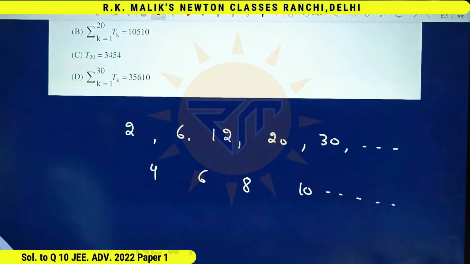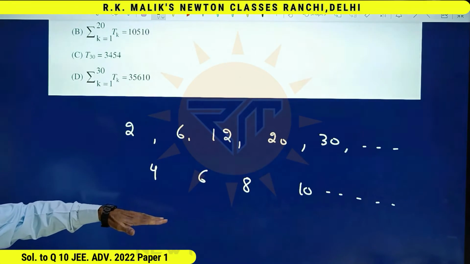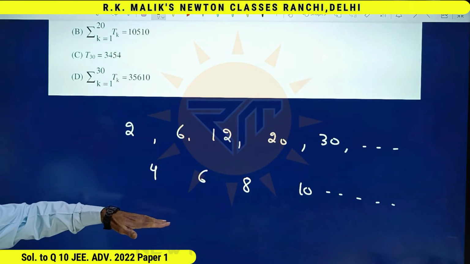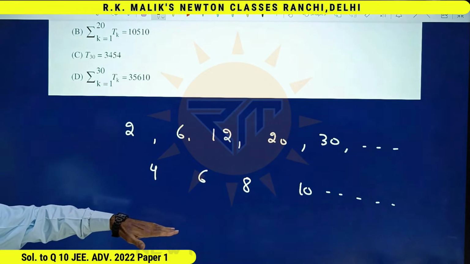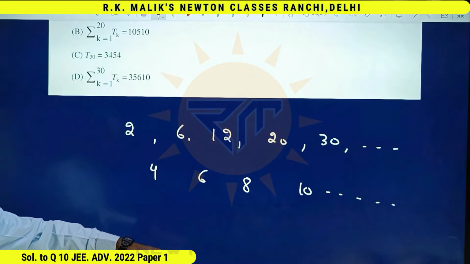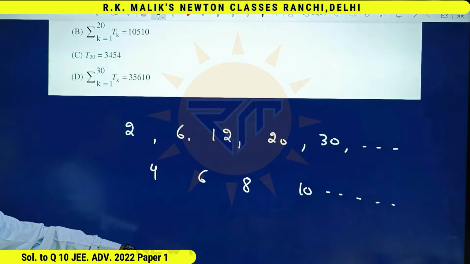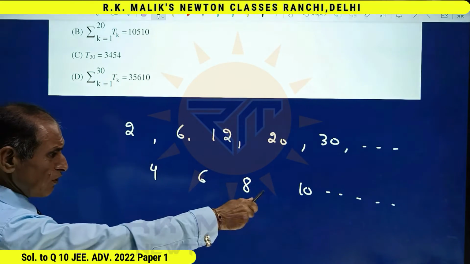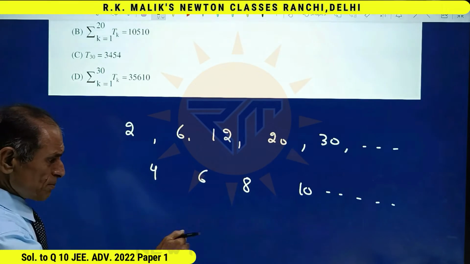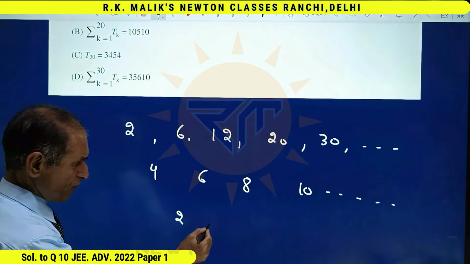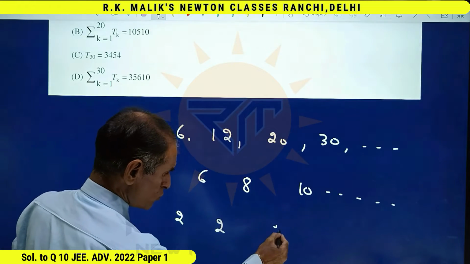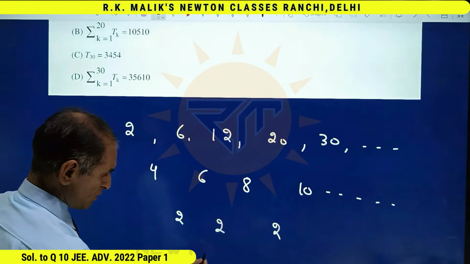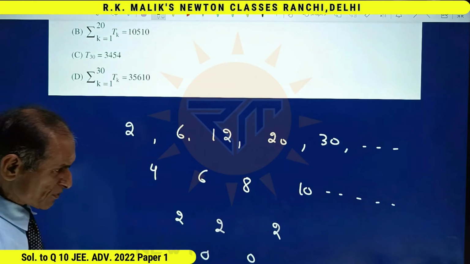That is, I am going to do a question of the type in which I go on finding differences, and after a few steps I get an AP, and the next step will give me the constants, and the next step will give me 0. Here I have found the differences. Here again if I find differences I get 2, 2, 2. Again if I find differences you will get 0, 0.